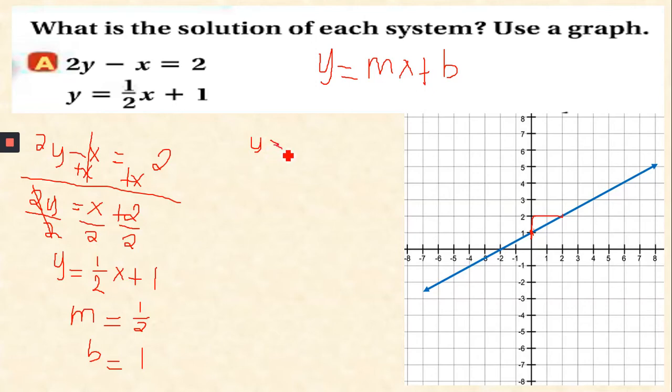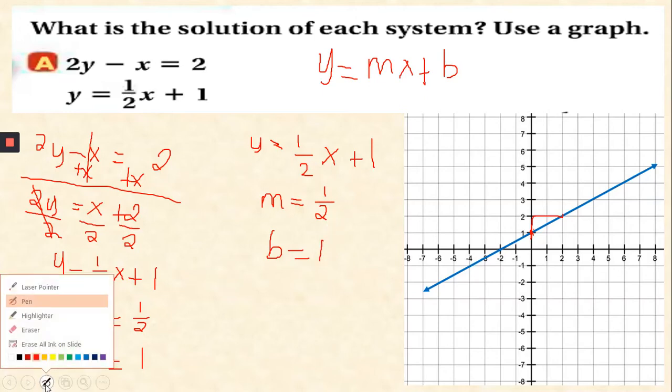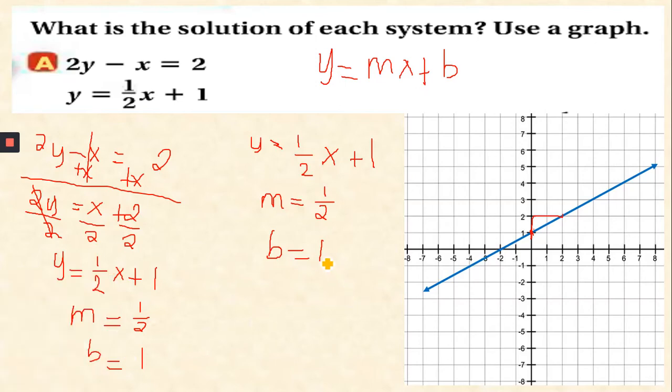Y equals 1/2 x plus 1. The second equation is already written in slope-intercept form. So we can now identify your slope and your y-intercept. Your slope is 1/2. And your y-intercept is 1. Do the same thing. We're going to graph it.